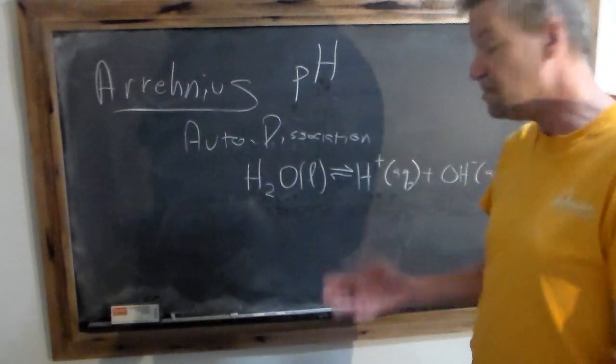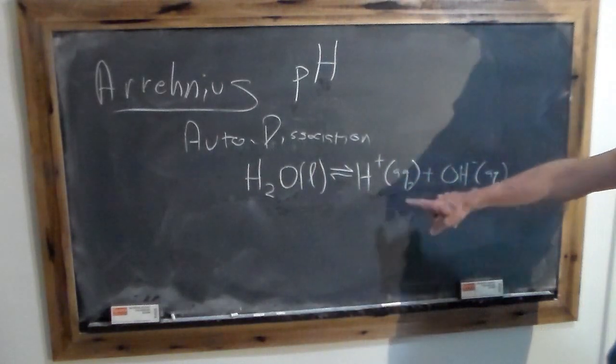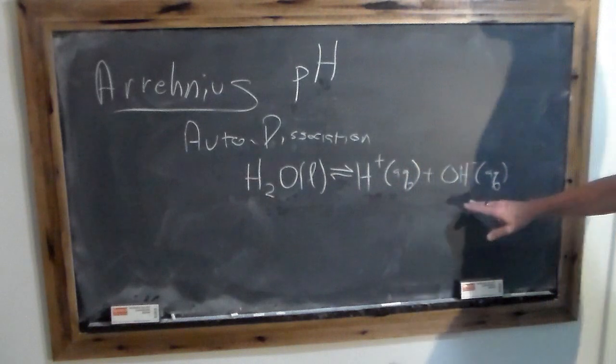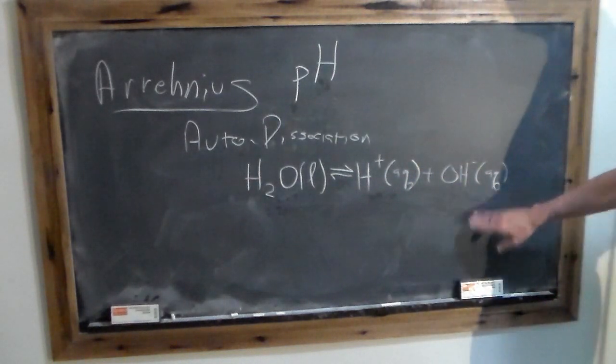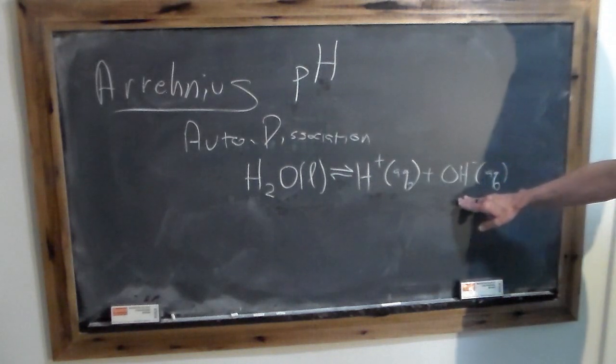That's an acid. It doesn't mean it has no hydroxide, it just has an excess of hydronium. A base has an excess of hydroxide, but it still has hydronium, even though it has more hydroxide than hydronium. That's a base. That's all it is.